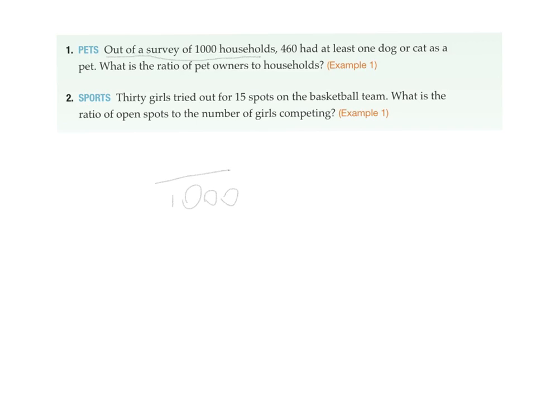And so that leaves you with the 460 at the top. And again, you can simplify that, and you finish up with either 23 over 50, or you can write it as 23 double dot 50. It's entirely up to you. Both answers are correct. Both answers will give you full marks.